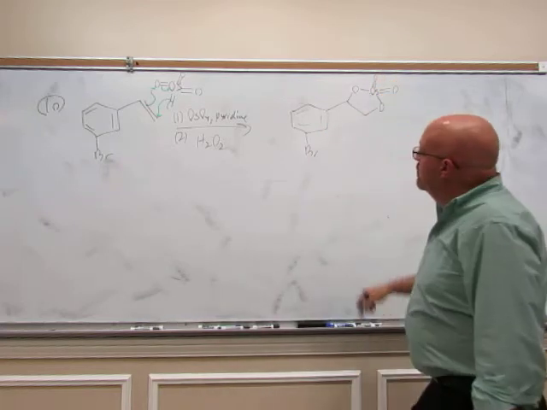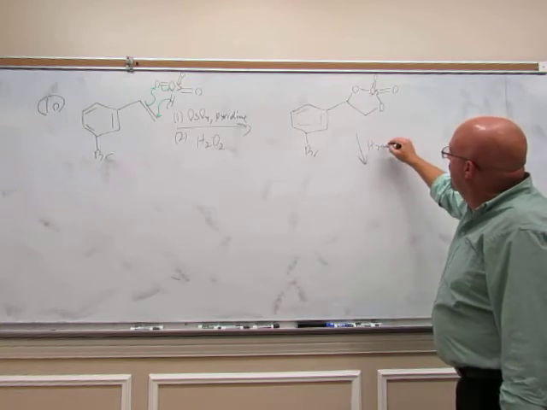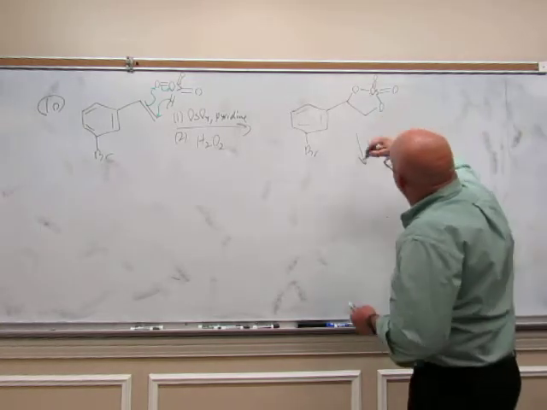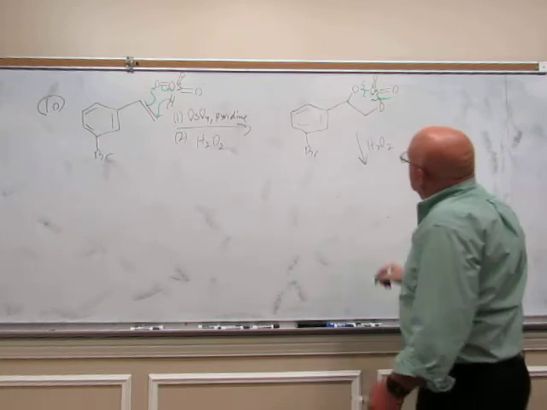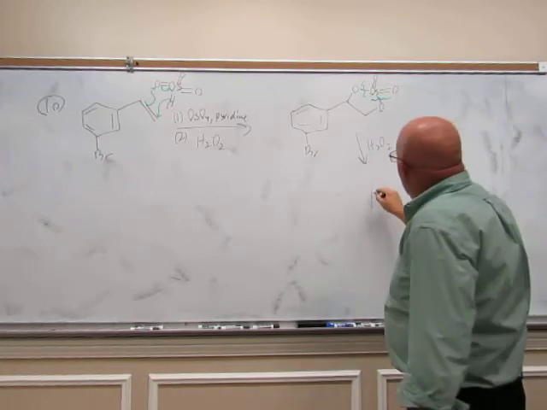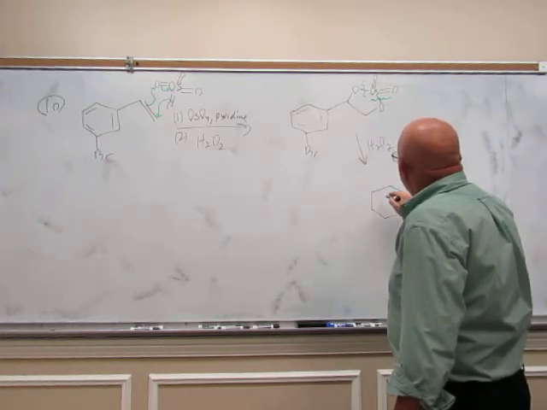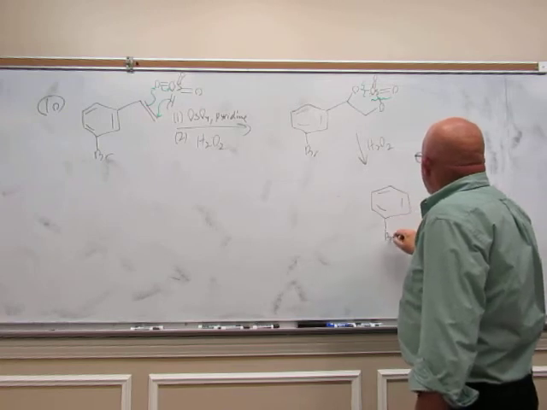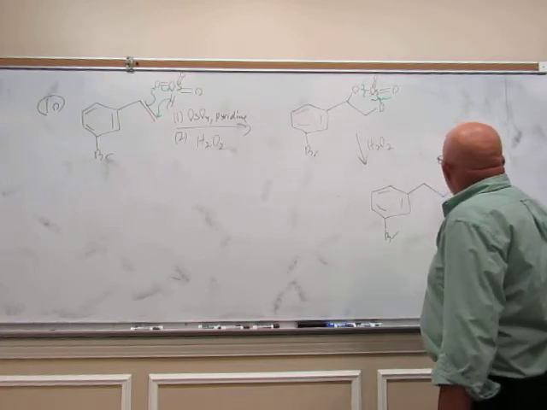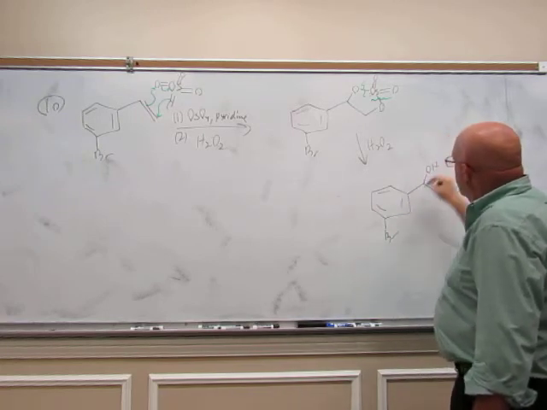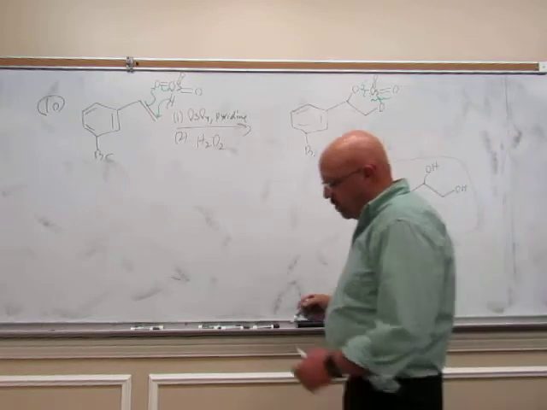There's what you have after the first step, and then we react with the hydrogen peroxide. That cleaves the osmium off, and we wind up with a diol. Product, we get a diol.